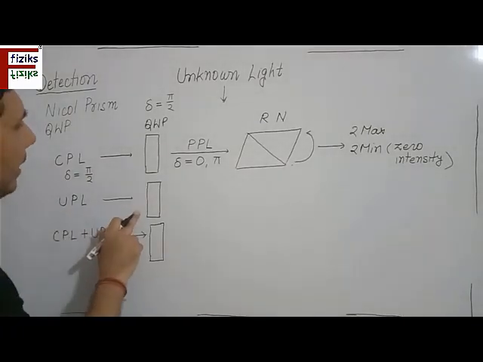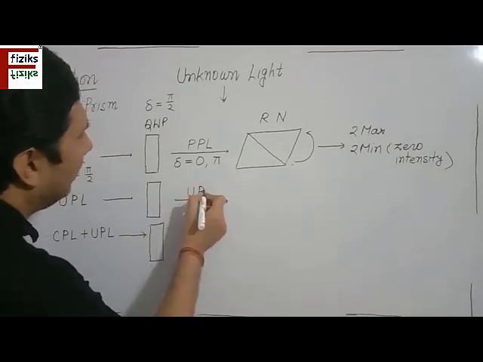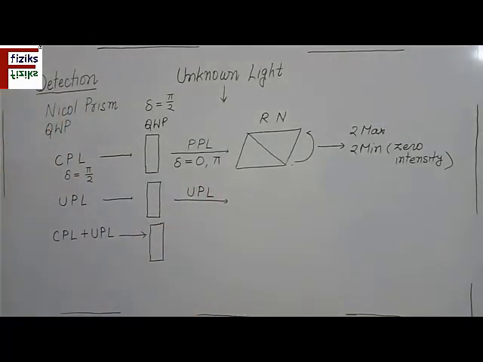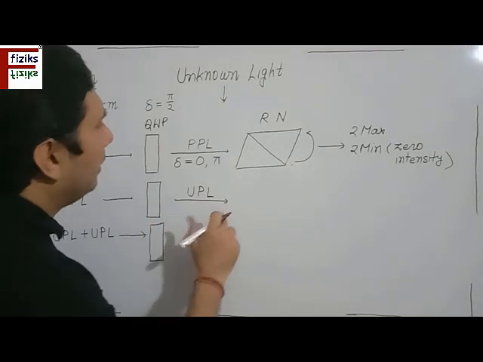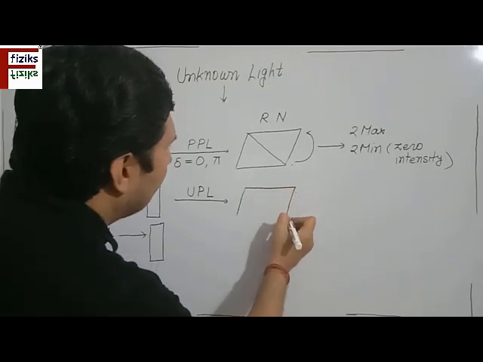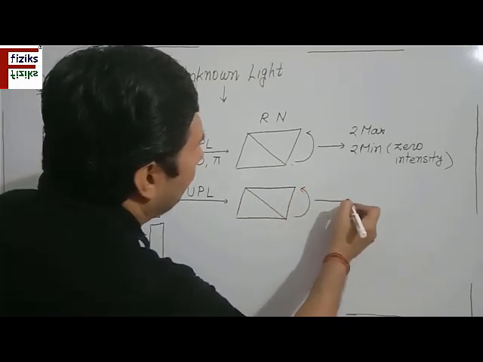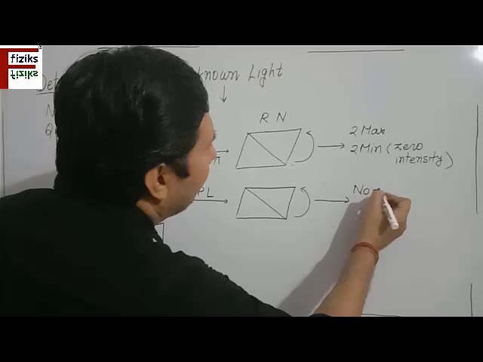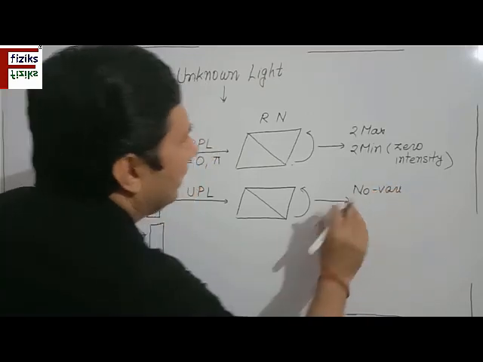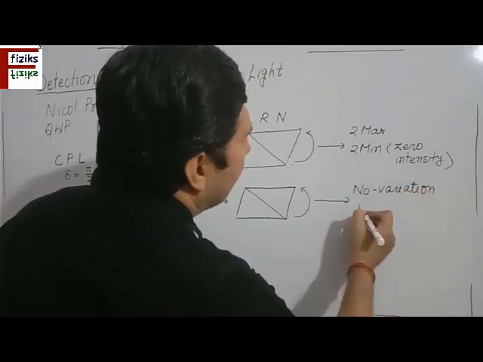In case of UPL, what will happen? When this UPL passes through the quarter wave plate, on the other side it will remain UPL. A quarter wave plate doesn't change the polarization of unpolarized light. When unpolarized light passes through the quarter wave plate, it will remain unpolarized light. And when this unpolarized light passes through the rotating Nicol, then on this side there will be no variation in intensity.